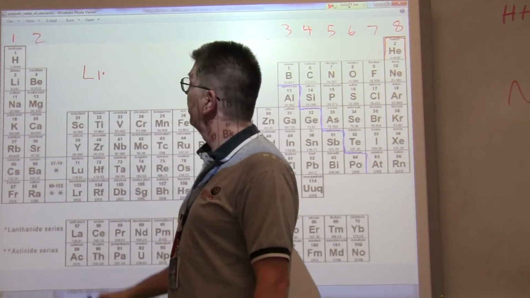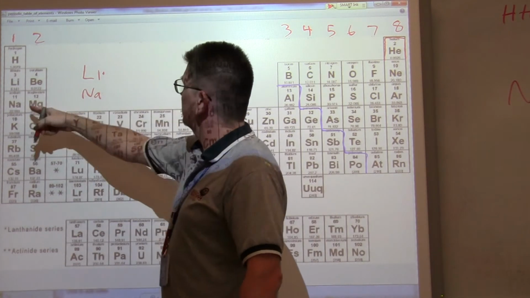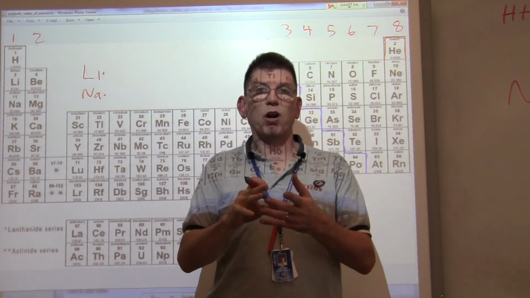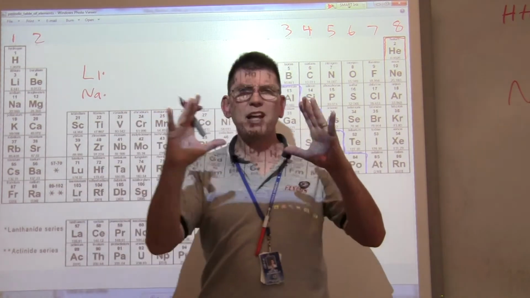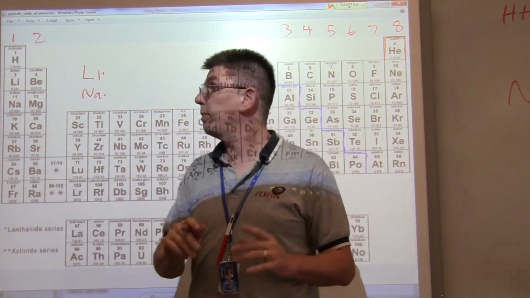I can put it in there. Sodium, same thing. How many electrons are in its outermost ring? 1, because they're the electrons that are integral in chemical bonding. So they're the only ones we care about. The inner electrons don't really play much of a role, so we're not concerned about them.